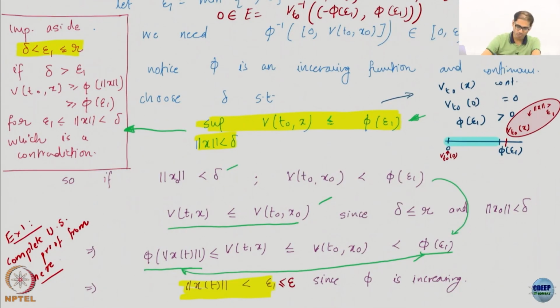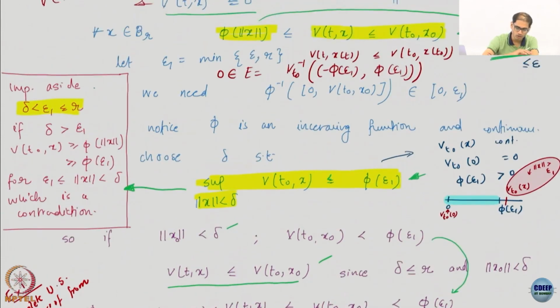Anyway, the exercise is to complete the uniform stability proof. How do you think you will go about it? I hope it's evident that here I am taking a V_t0 inverse of this to find a delta.